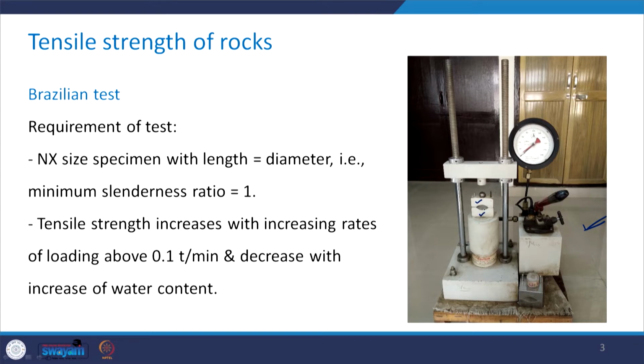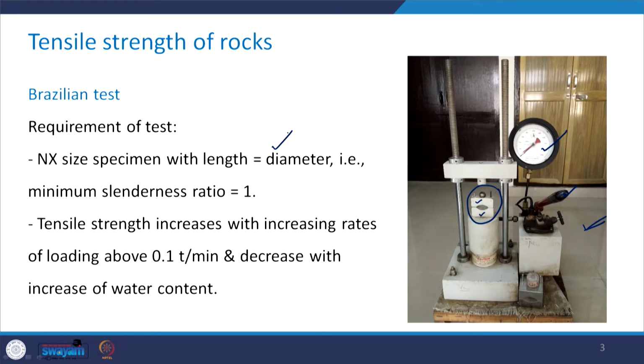So, the specimen is held between these two grips, and then with the help of this lever, you have a jack here. With the help of this, you apply the compressive load to this assembly, which can be measured in this pressure gauge, and that directly gives you the tensile strength of the rock. So, we have the expression, and there you just have to make some simple substitution and you will be able to obtain the tensile strength.